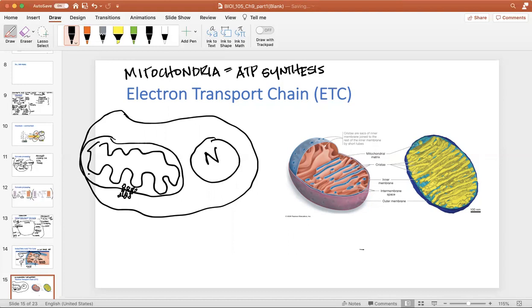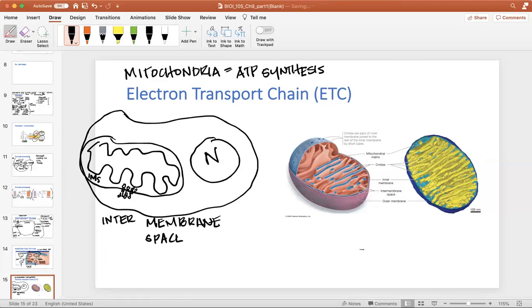This area here is called the intermembrane space, okay? And so I'm just going to put down here so you guys can write that out. The intermembrane space.